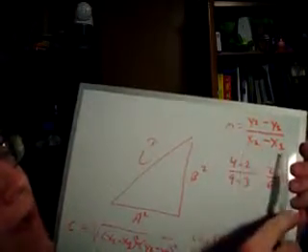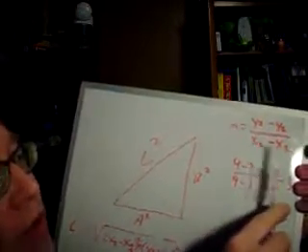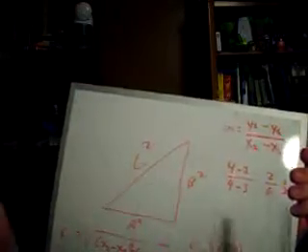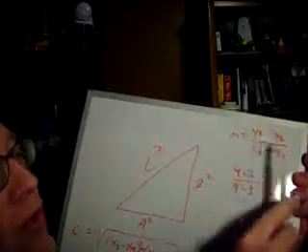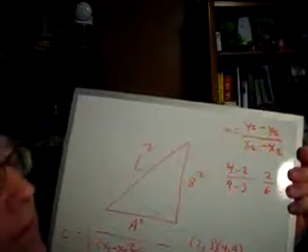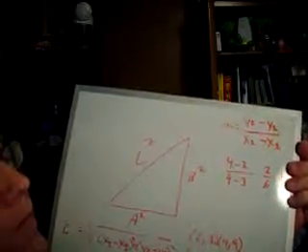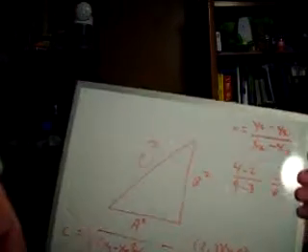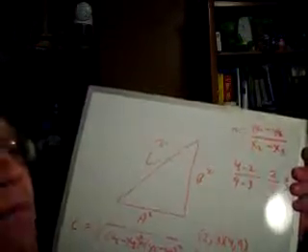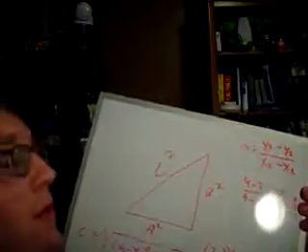Then you have x2 minus x1. This 2 and this 1 here are subscripts. So you have 4, you subtract 2, and you get 2. So, you have 6 over 2, and when you have 6 over 2, you have 3 over 1, which means the slope is 3.